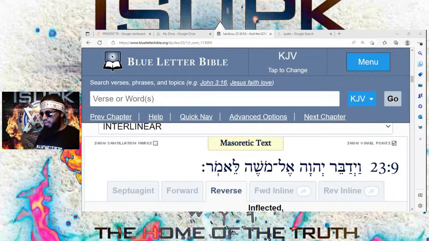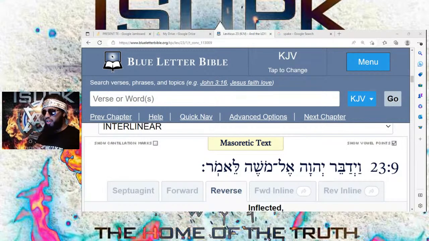Just to let you know, that la is for sure not a conjugation. It's more so an indicator. It's being used as an indicator in this way. Does everybody understand that? Let me know if you understand what I mean. That la in front of the Amar is not a conjugation.